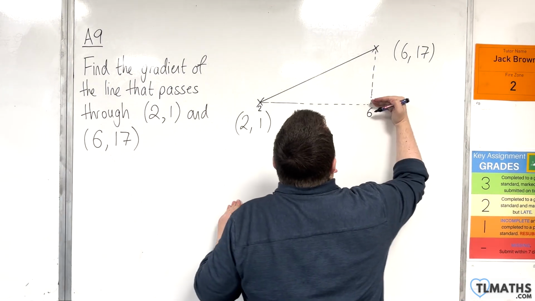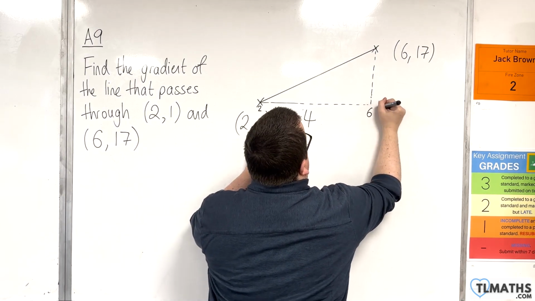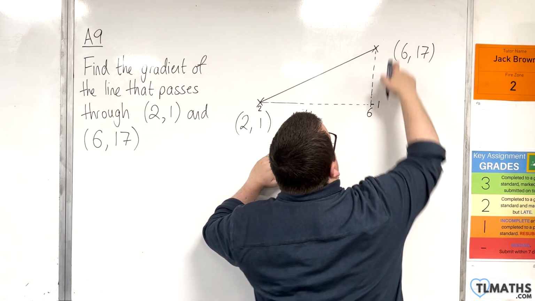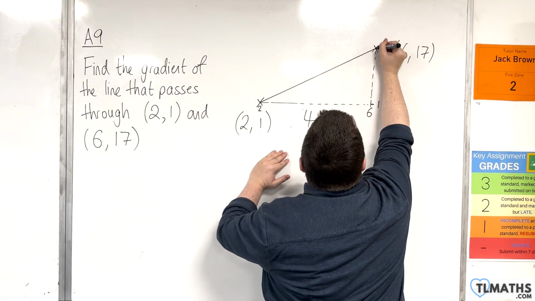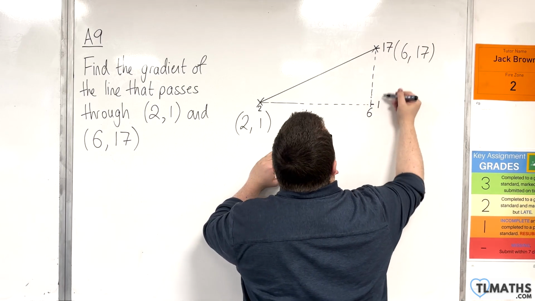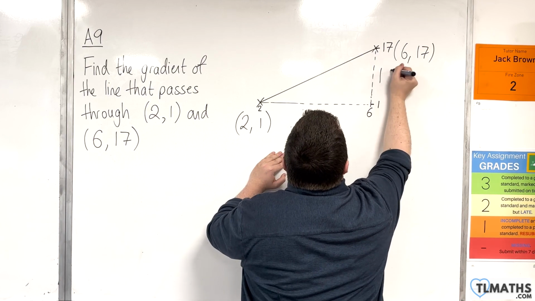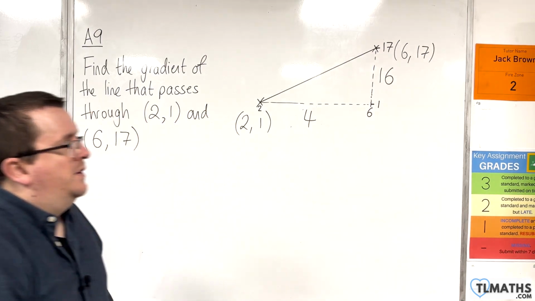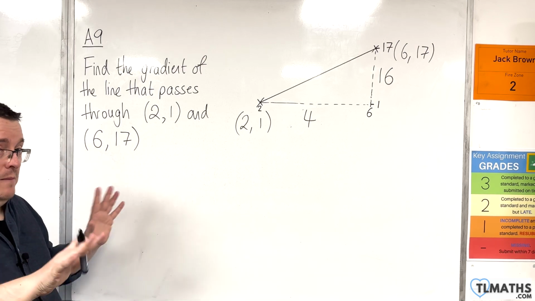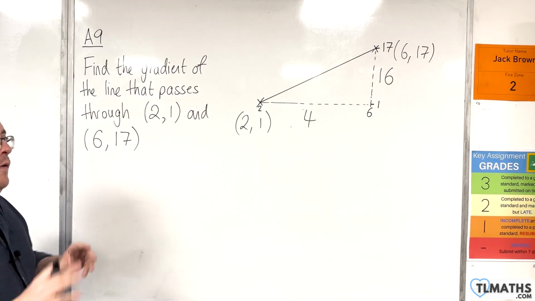And from here to here, I know that the y-coordinate of this point is 1, and then the y-coordinate of this point is 17. So I'm going from 1 to 17. So if I do 17 take away 1, I get 16. As I said before, the scaling of my diagram is off. Don't worry about that, okay? It's just so you can figure out what those distances are.